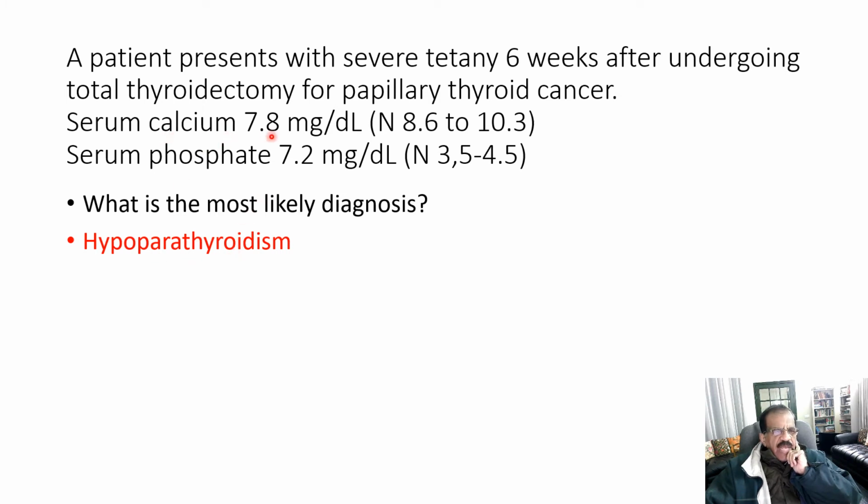The tetany is very suggestive of hypocalcemia, and calcium is very low, 7.8, and phosphate is high. Low calcium and high phosphate is typical of primary hypoparathyroidism, and this patient has primary hypoparathyroidism because the parathyroid tissues have been removed.